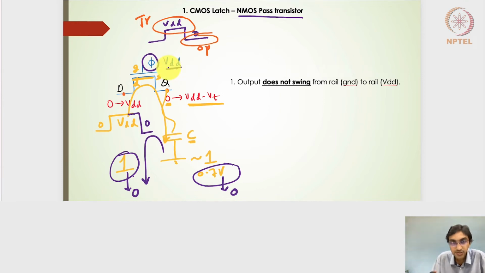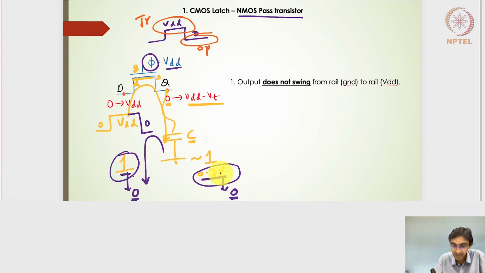So in the transparent mode, this NMOS transistor is working perfectly well. Whenever the gate is at a high level, the output will follow the input. When the input is logic 0, we get logic 0 at the output, and whenever it is logic 1, we get 0.7 volts at the output.